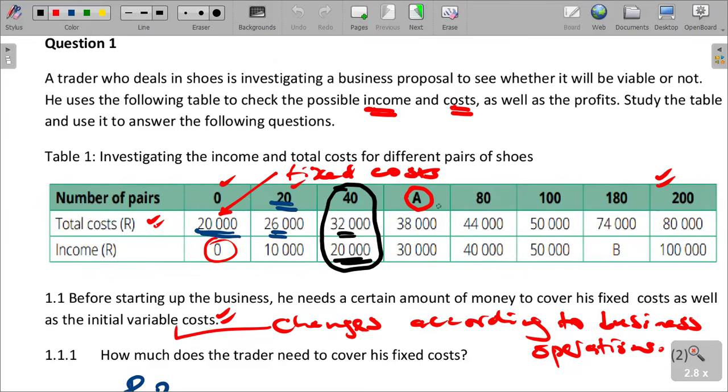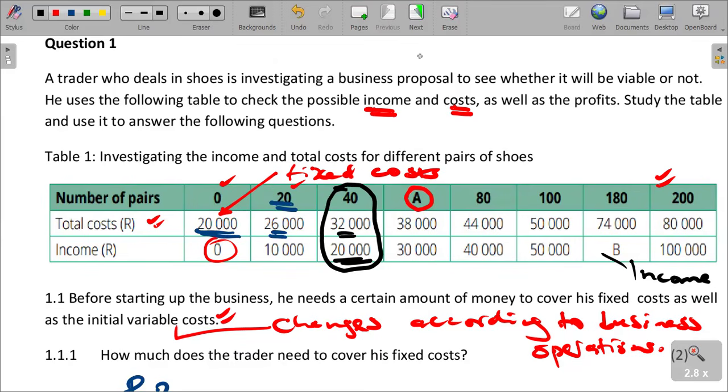B is equal to income, so the formula for calculating income applies in order for us to get B.